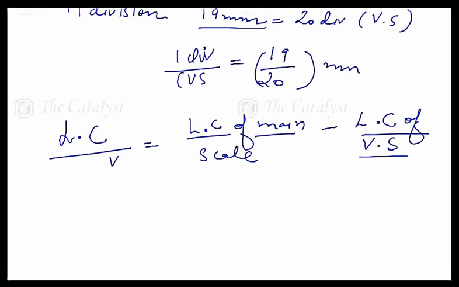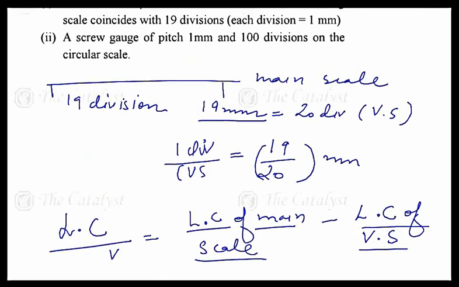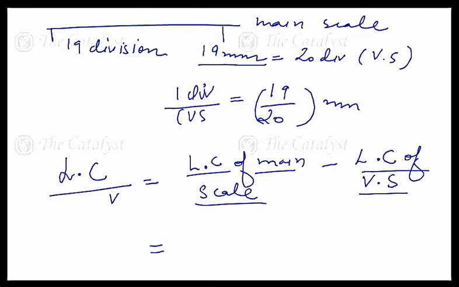If you subtract the two, you get the least count of the vernier scale. Okay, now the main scale, the minimum is 1, that of vernier scale is 19 by 20, which will give you 1 by 20 mm or 0.05 mm.